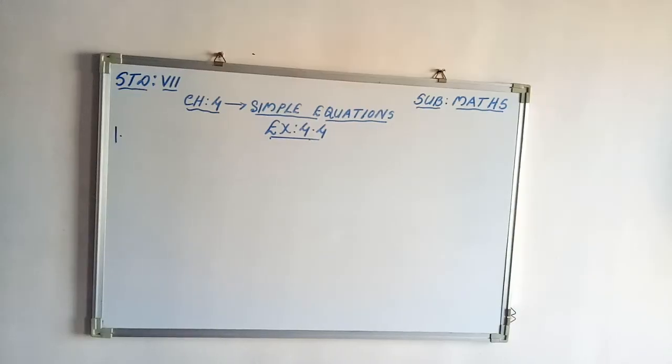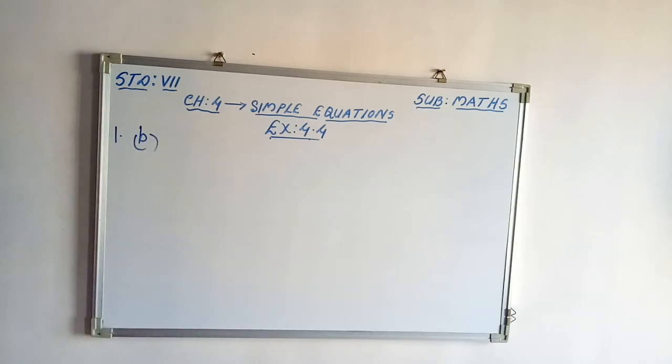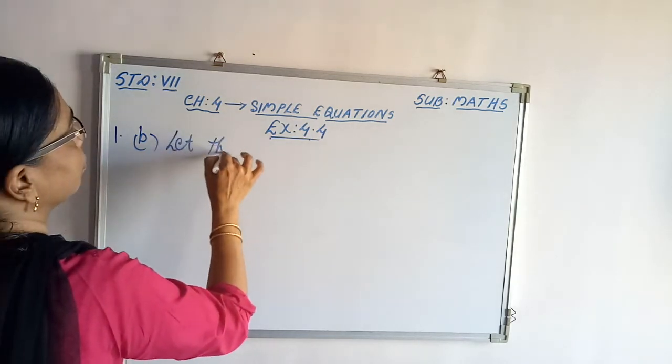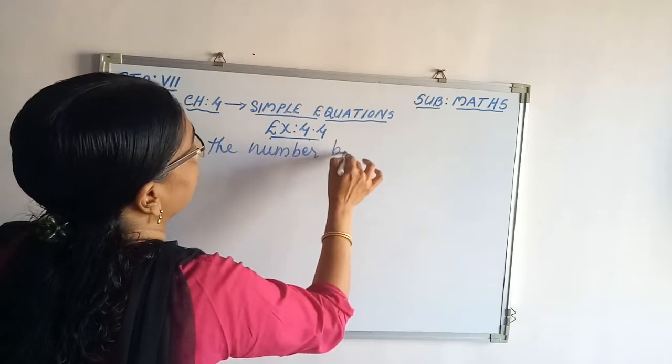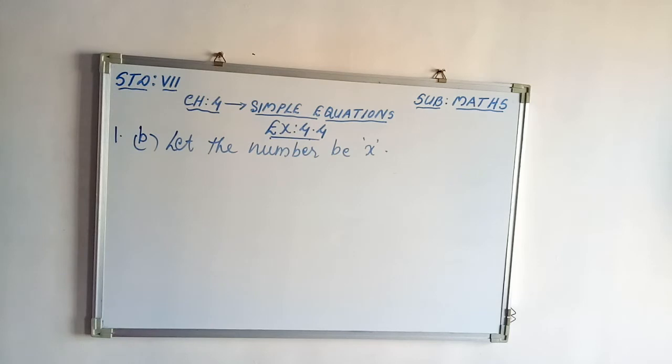Now B. 1/5 of a number minus 4 gives 3. So we can write, let the number be x.